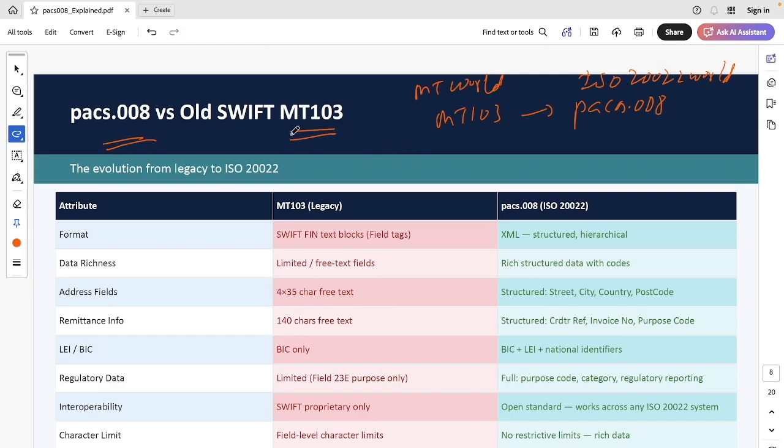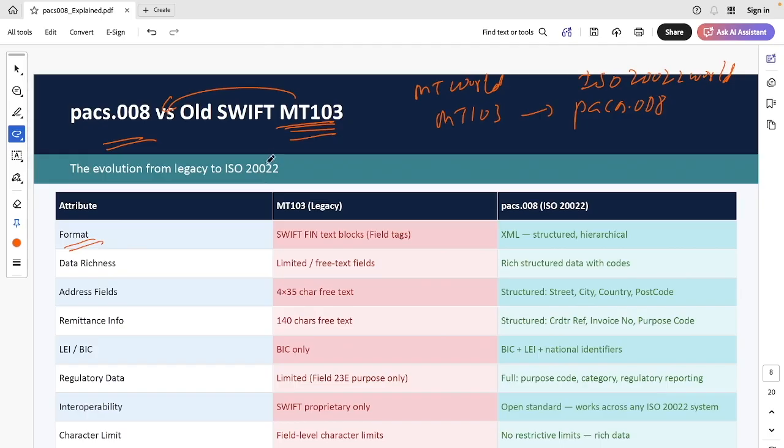If earlier the systems were communicating through the MT103 message format, now they are migrating to the XML format, which is pacs.008. MT103 is the older Swift FIN message, and pacs.008 is the modern ISO 20022 message for customer credit transfer.